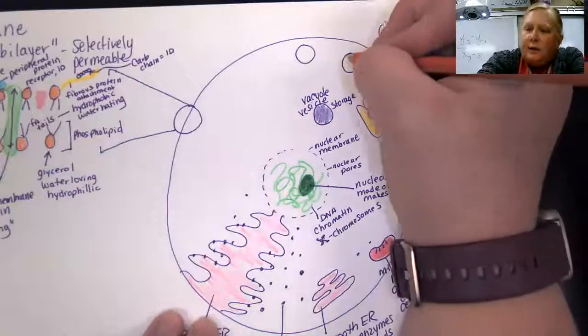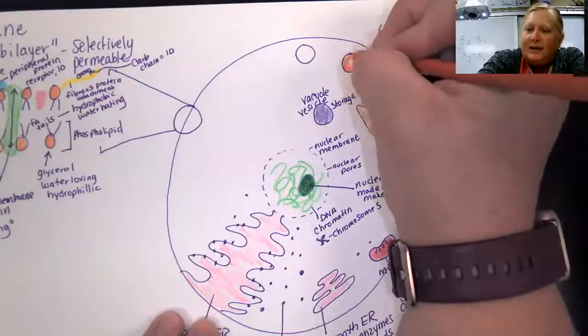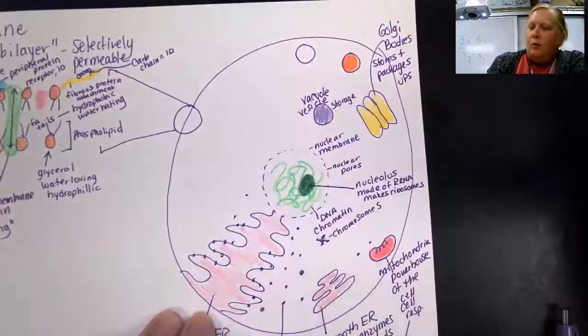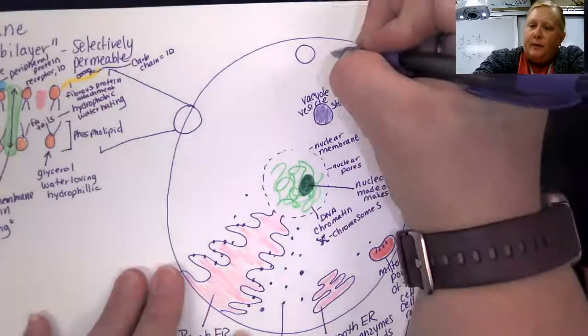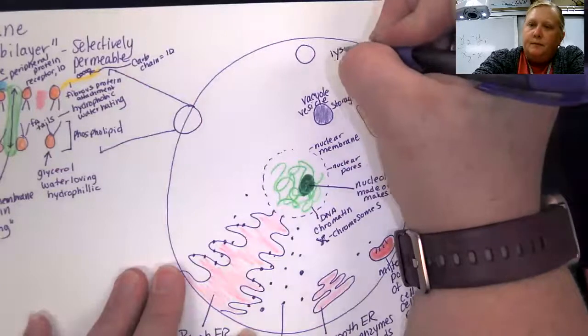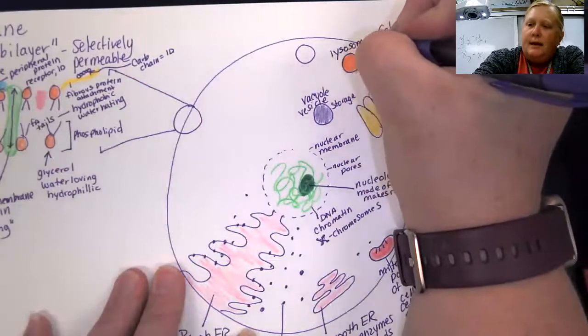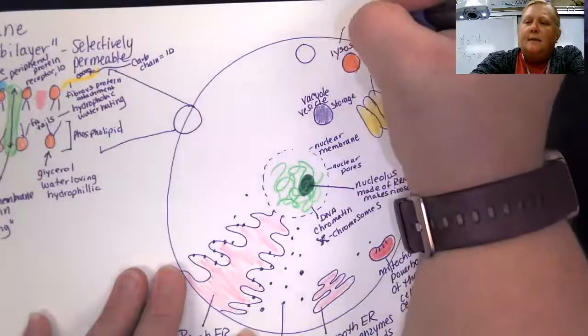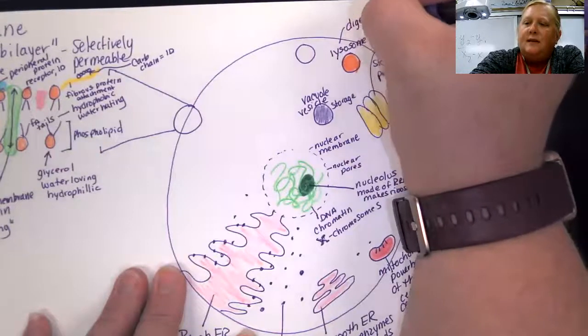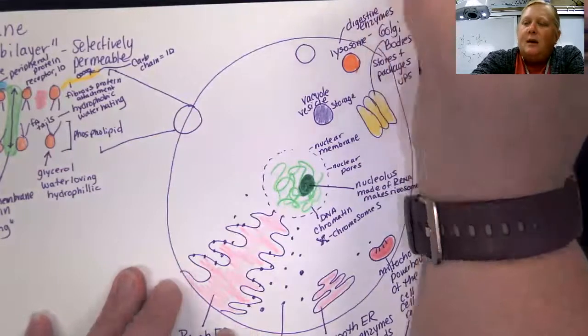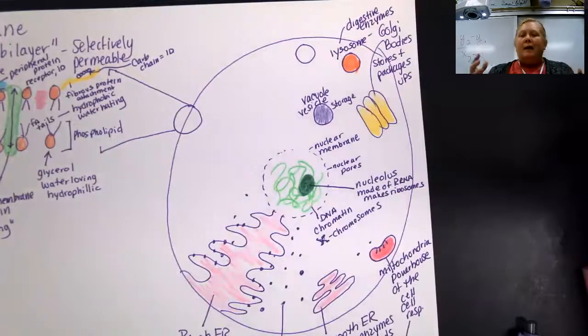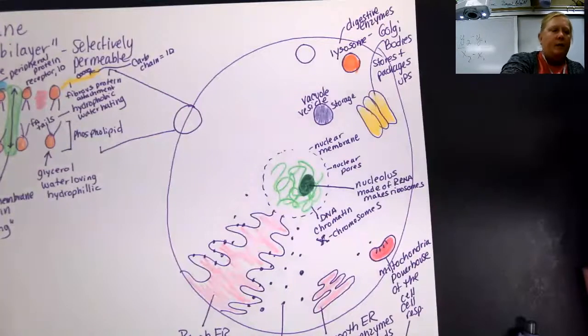Then we have two very similar sacs like this as well. We're going to call this one a lysosome. Now that kind of sounds like Lysol, doesn't it? They contain digestive enzymes, and these digestive enzymes will break the cell down and also break other vesicles down if need be.